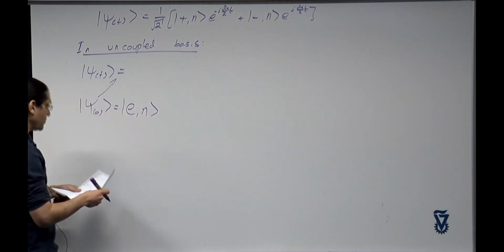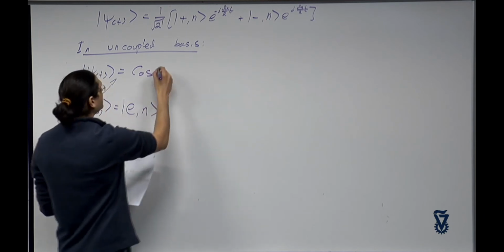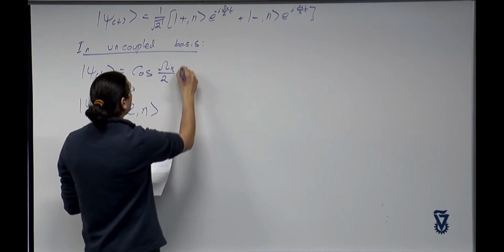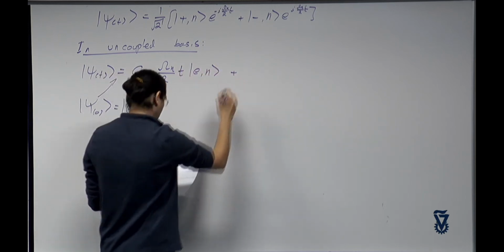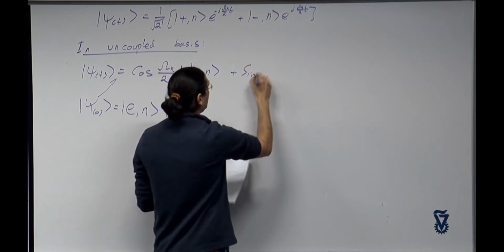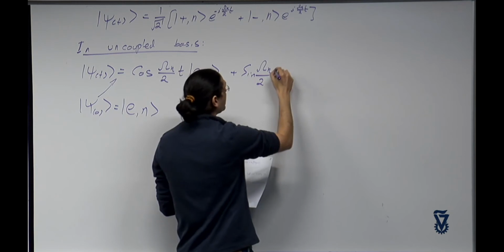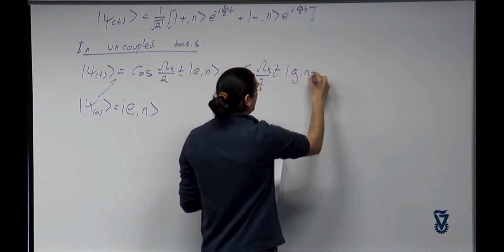And you can look at the evolution of that, and if you calculate that, you will get cosine omega n over 2 t, e n, plus sine omega n over 2 t, g n plus 1.